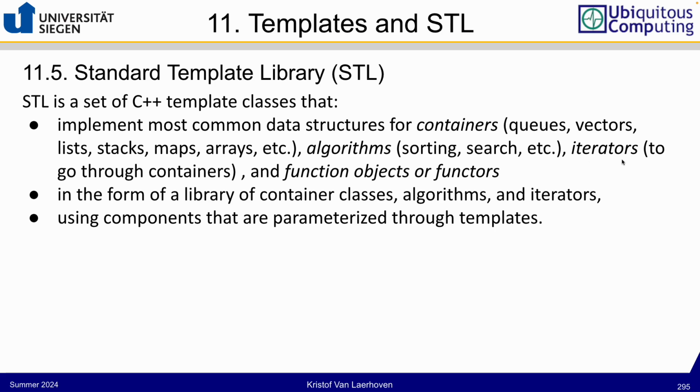So we go from one element to another, or we can point to these elements of these containers through these iterators. And then we have another thing called function objects or functors, which I will show in a few slides.